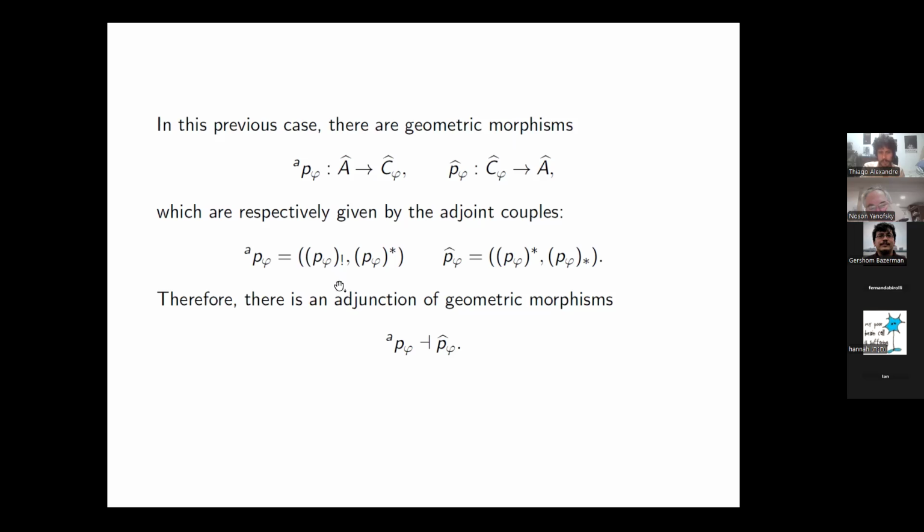And normally this adjoint pair does not define a geometric morphism, but here it does because this functor commutes with finite limits. It's representably flat. So that's the reason why.